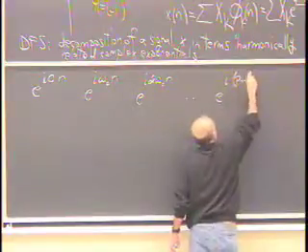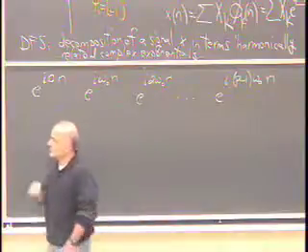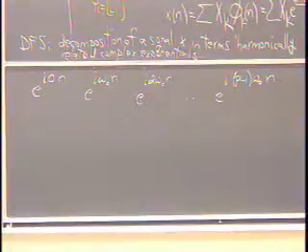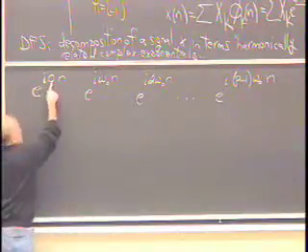P minus 1 omega naught n. In the case of a periodic signal with period 2, you only have two harmonically related frequencies. 0 times omega naught. Omega naught is pi.